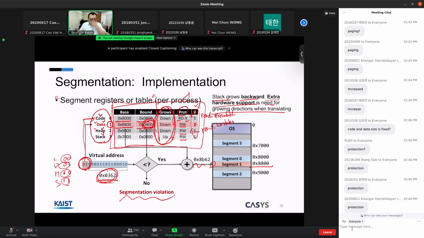The segmentation table consists of base register, bound register, growing direction, some protection bits, and validity. That is the extra hardware required for segmentation. So segmentation translation works this way.